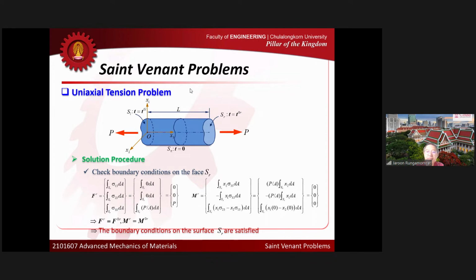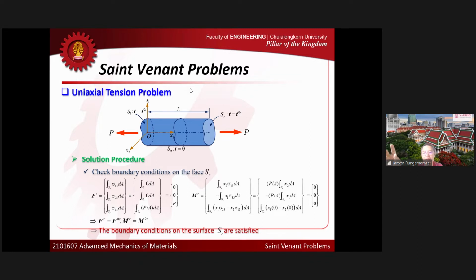Okay, so now I'm done with verifying all boundary conditions. On the surface S pi, we check the traction at every point, and we already verified that the traction conditions are satisfied at every point.